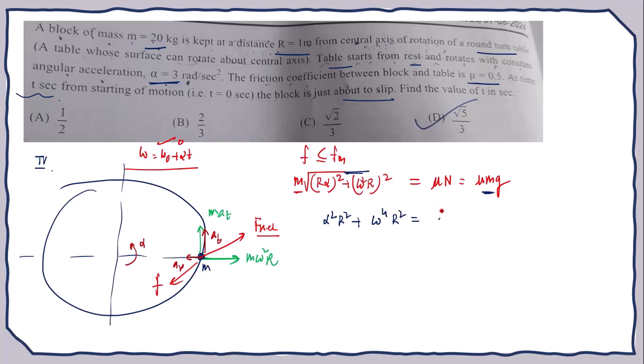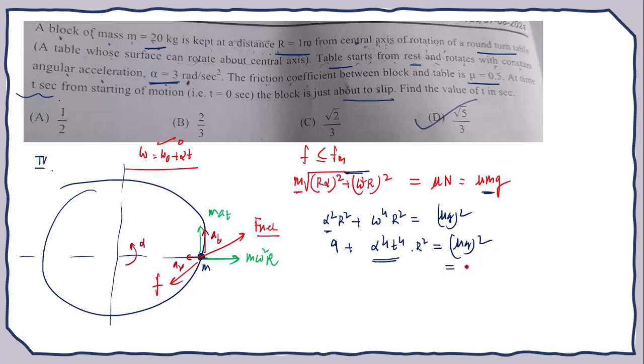That should be equal to mu g whole square. Okay. Now what is alpha? Alpha is 3 square, means 9. And r is 1. Plus what is omega? Omega equals alpha into t. So alpha to the power 4 into t to the power 4, same with r square. That should be equal to mu g whole square.